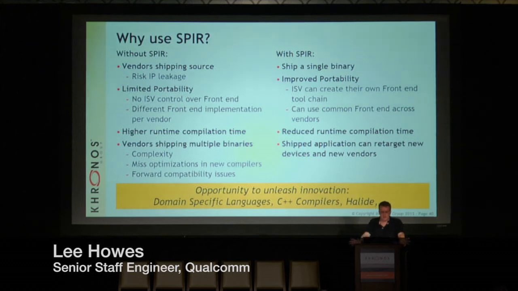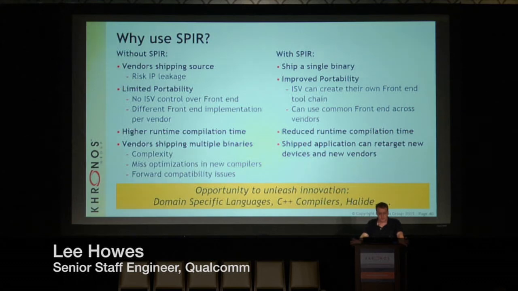So why use it? Without using SPIR, vendors have to ship source. With SPIR, the source has been converted, and that requires reverse engineering to get the source back. You had less portability in some ways because there was no ISV control over the front end, and front ends can vary a lot, and a lot of compiler bugs show up in the front end, and that's more true for C++.